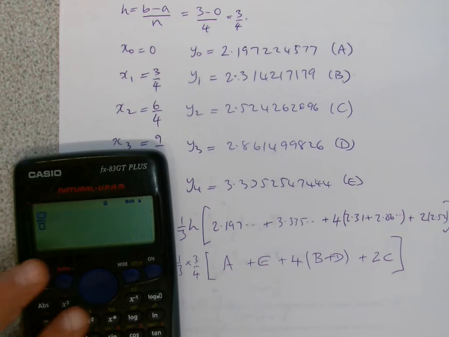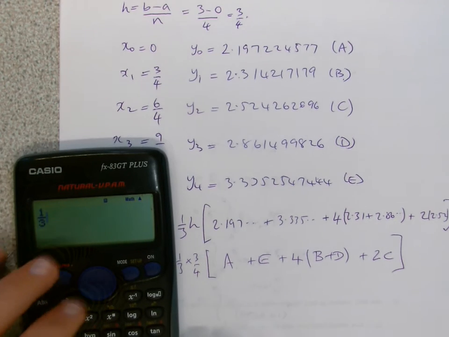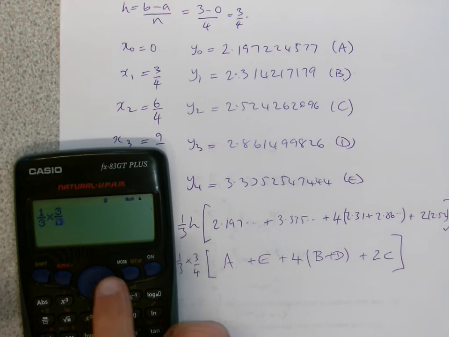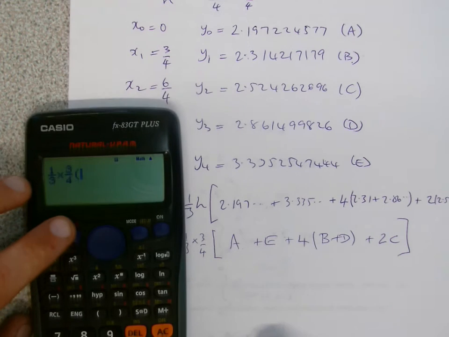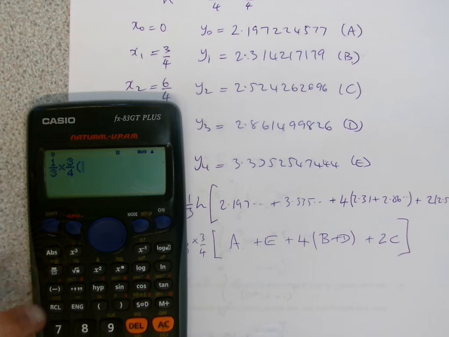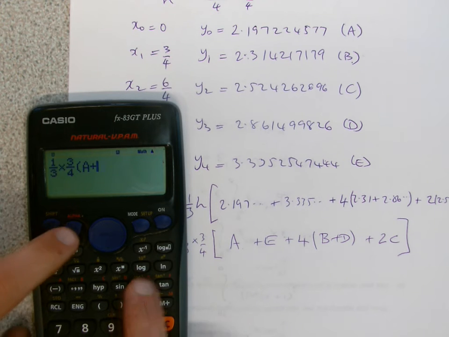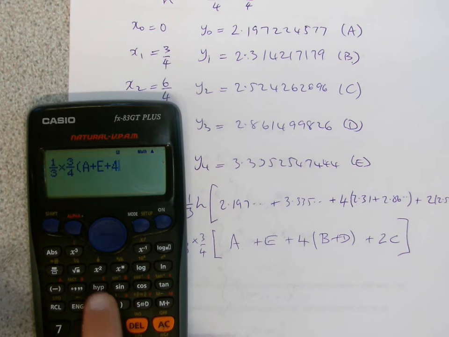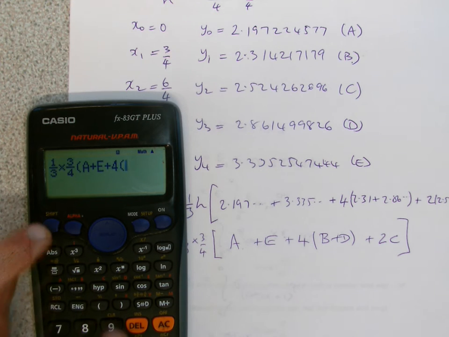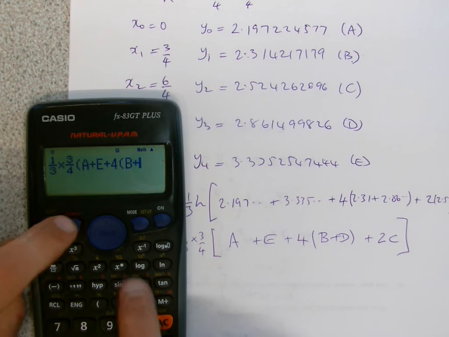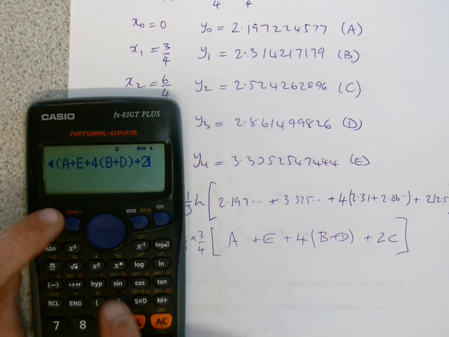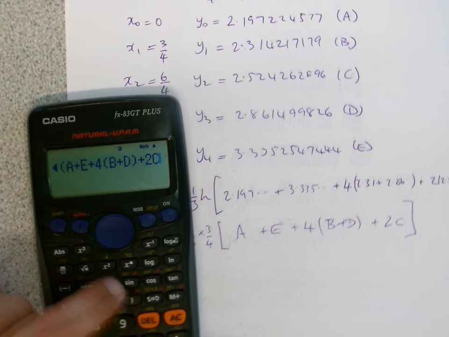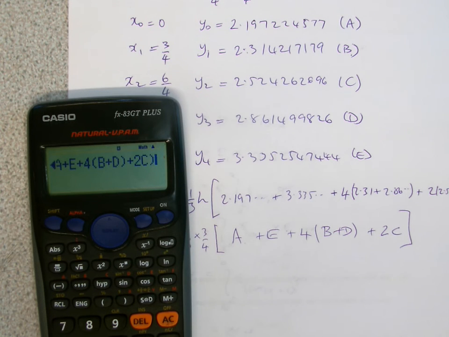So let's have a fraction 1/3 times fraction 3 quarters, okay, bracket A. Now to get A, what you have to do is press alpha, okay, alpha because it's red there, and then you get your A there, plus then alpha E, plus then 4, bracket again, B plus D, so alpha B plus alpha D, close bracket, plus then twice C, so alpha C, and then I need to close the bracket from earlier, and then I'm done.